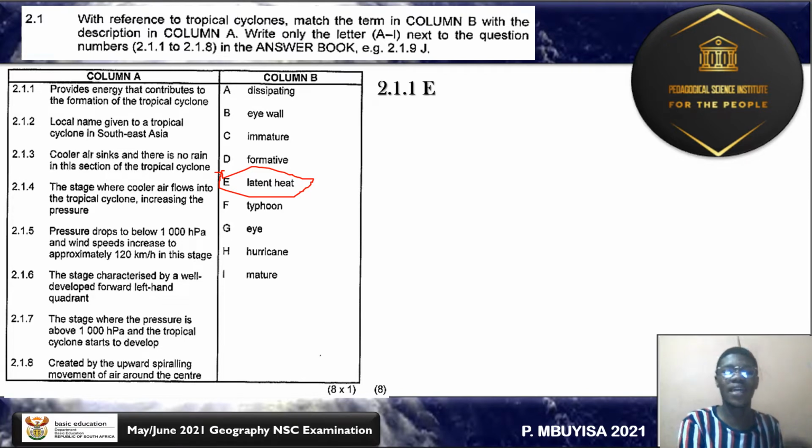And why is it heat energy? Think about the example of you cooking a beef stew. Remember that for the stew to be cooked, we need to have a stove feeding us with the heat.